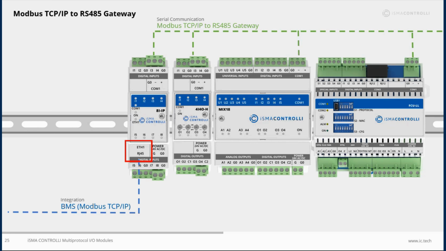What is important for this port is that it allows you to create a cost-effective gateway application and integrate serial devices, whether that is mini modules, mix modules, or any Modbus devices, to the Modbus TCP, which is effectively an IP layer, using the IPI module as a gateway. So this is an additional benefit that comes with all of our IPI modules. You get a Modbus TCP to Modbus RTU gateway on board.